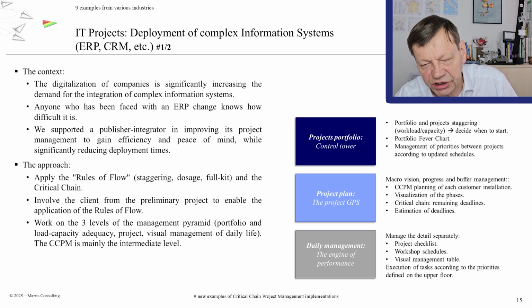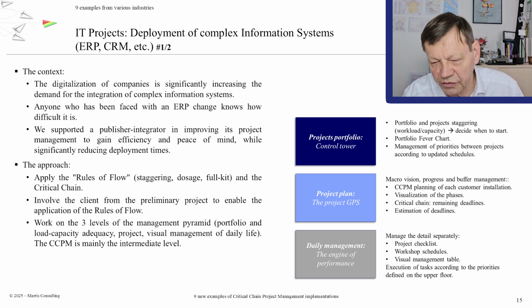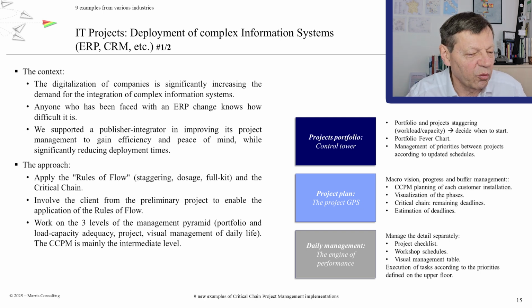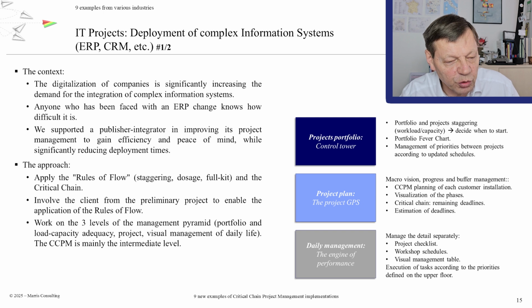If you have critical chain, you actually know what's going on, and you feel you're in control of the situation. That's the medium-term level. Down at the daily management level, there are all sorts of project checklists and other visual management systems implemented to manage day-to-day operations.